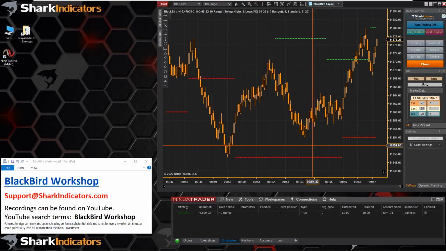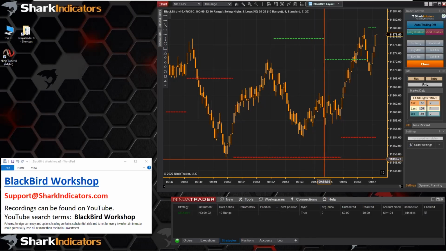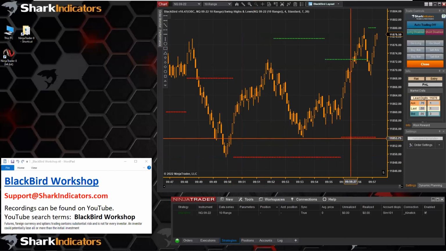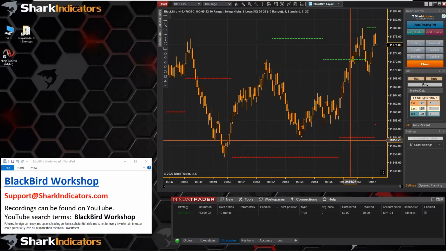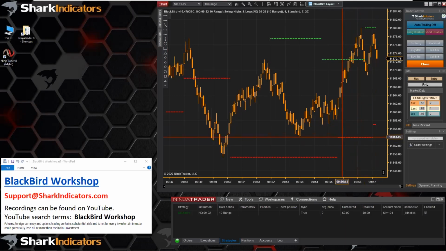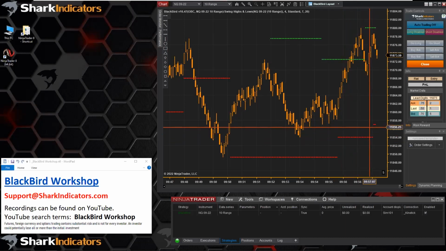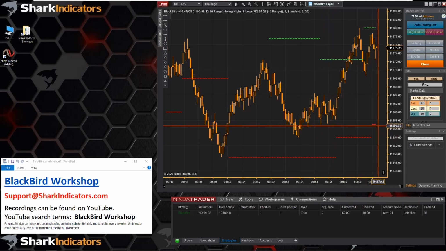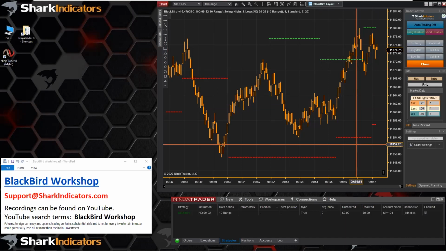Leaving it at 4, basically, the swing points that are identified are going to be further away. For example, the swing low was down here, but now it just recently moved up to this point, a little higher there.